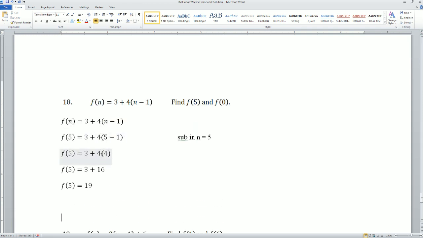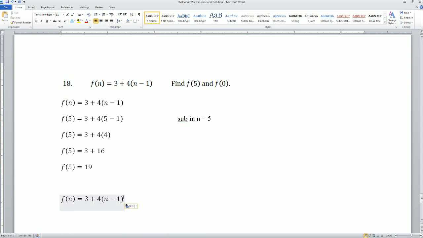Alright? So, do you see how this is not an f here? It's a 4 here. Next one, find function of 0. Here's your original. You're going to sub in 0 for n, right? Let me write here, sub in n is equal to 0 because that's what it's asking for right there.